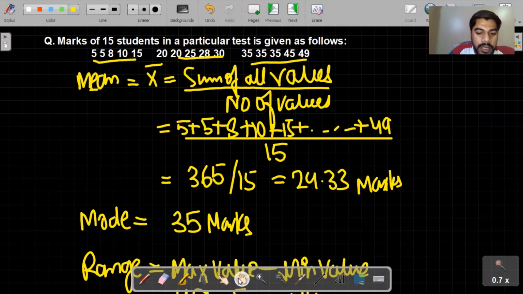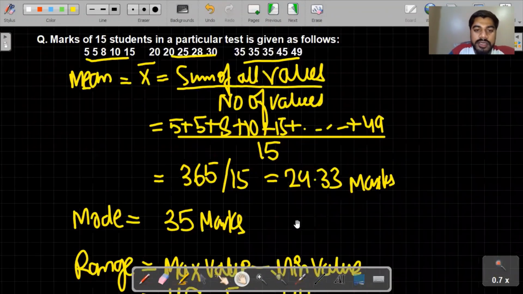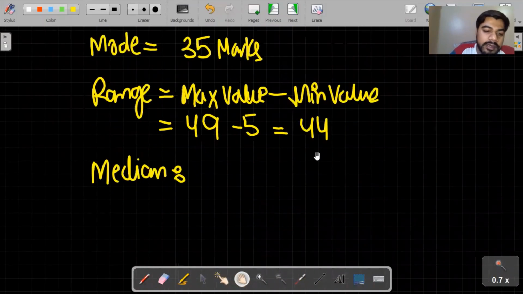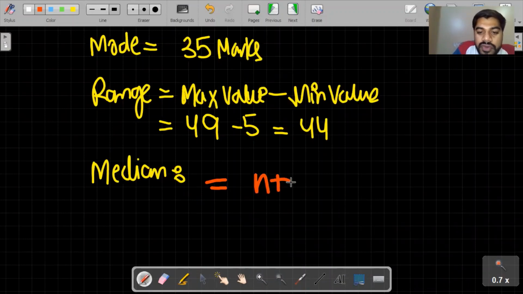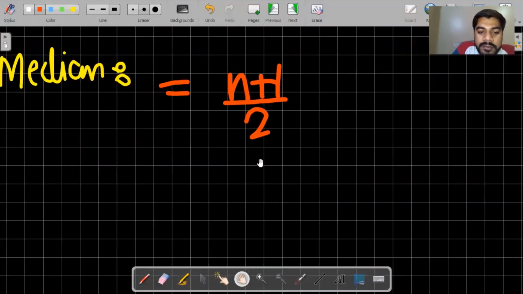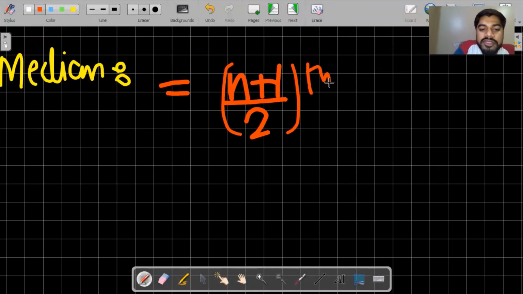For the following condition, first let's talk about the formula of median. As we have discussed, the formula for finding median is n plus 1 divided by 2. Here n refers to the number of terms, and the number of terms here is 15.